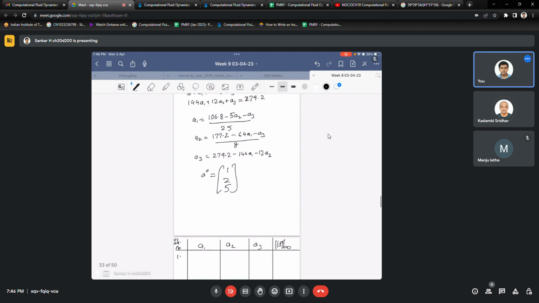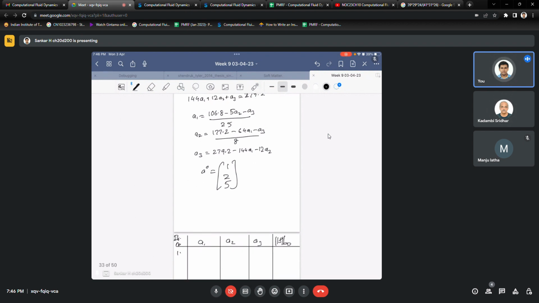If you can tell me what A1, A2, and A3 is after the first iteration, basically substituting the values of 2 and 5 over here, we'll get A1. I'm getting 4.27, minus 12.03, 191.66 after the first iteration.